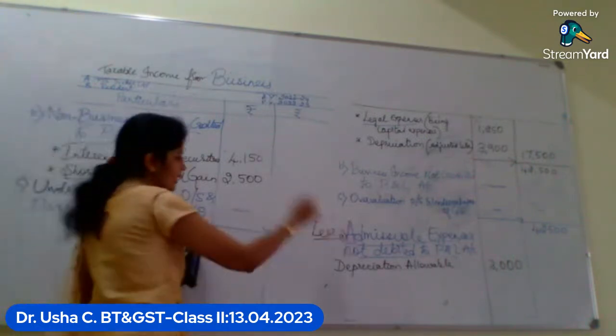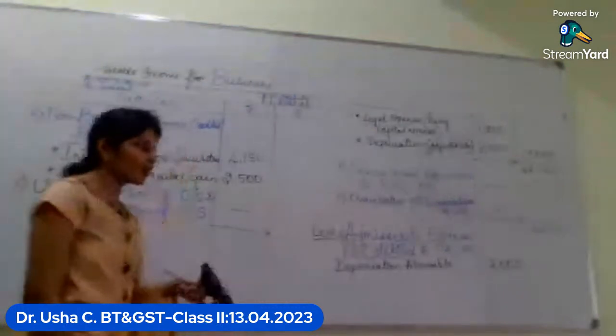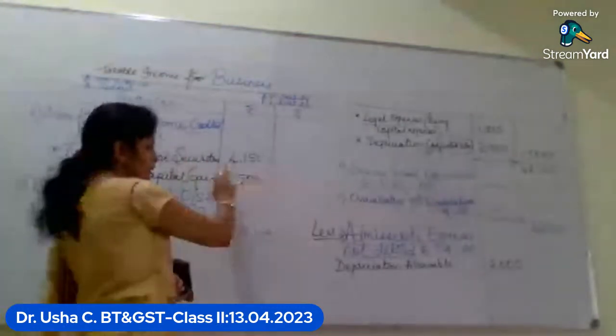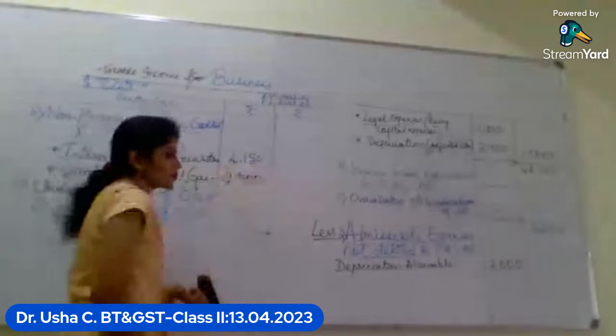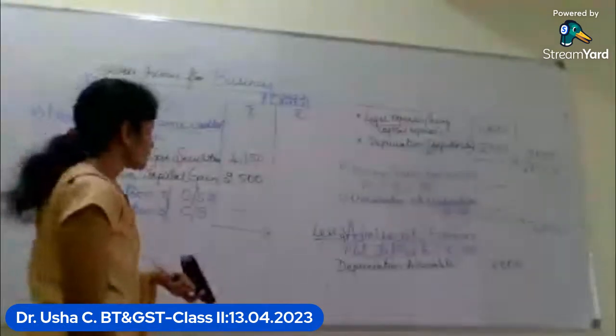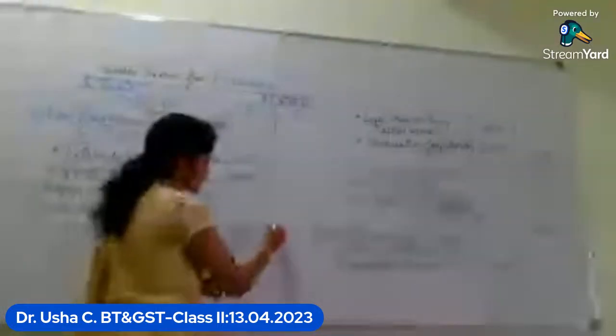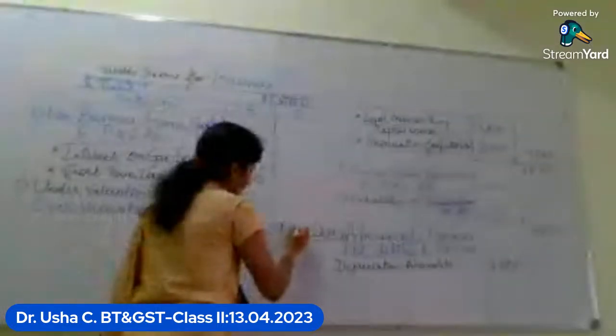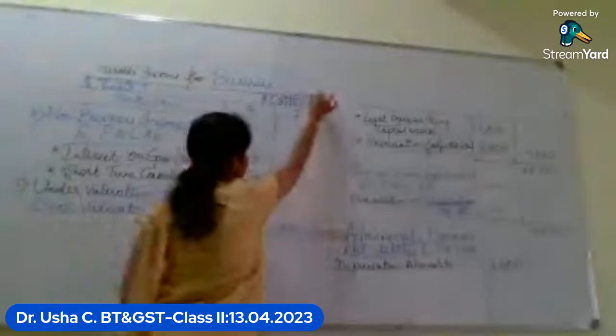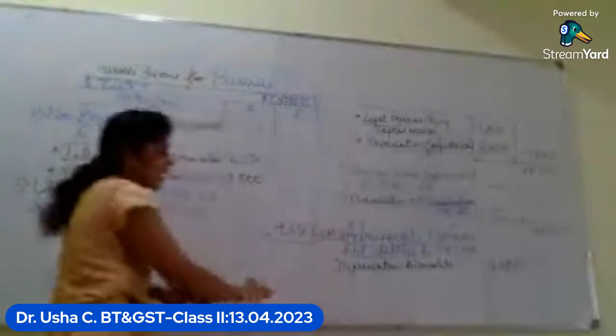Now take these three items to the outer column. The total of these three items: 3,000 plus 4,150 plus 2,500. How much is it? 9,650. This 9,650 we have to deduct.